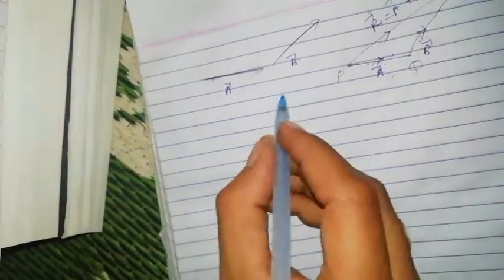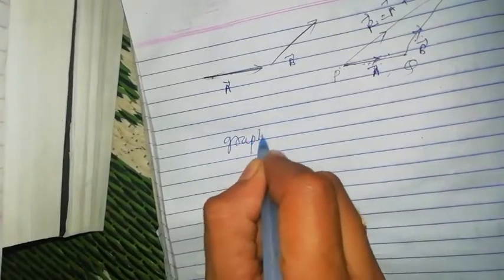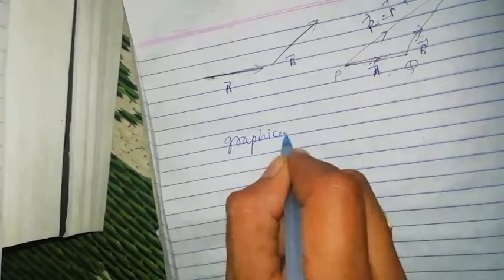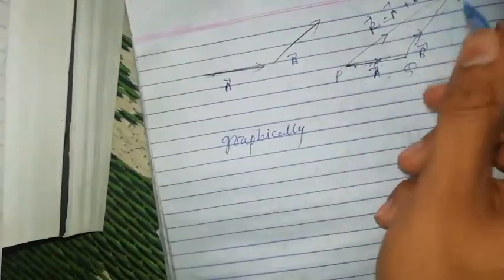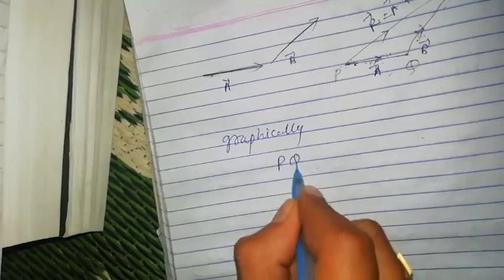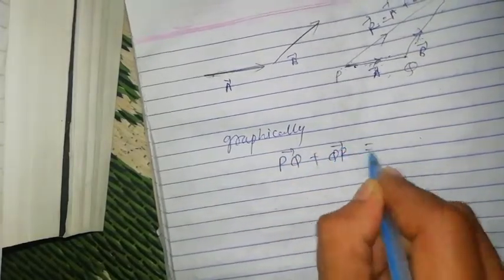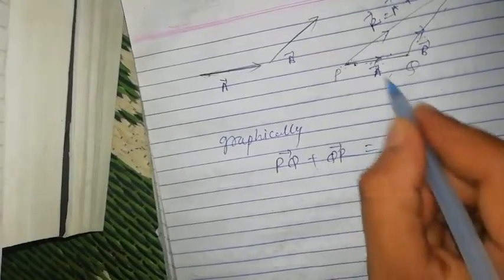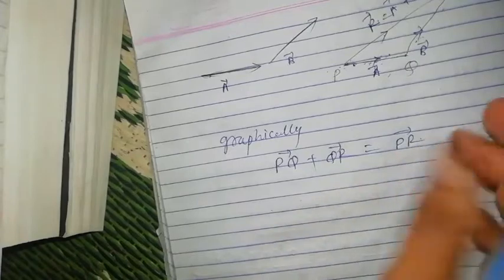Now in this condition, graphically, PQ plus QR is equal to vector PR.